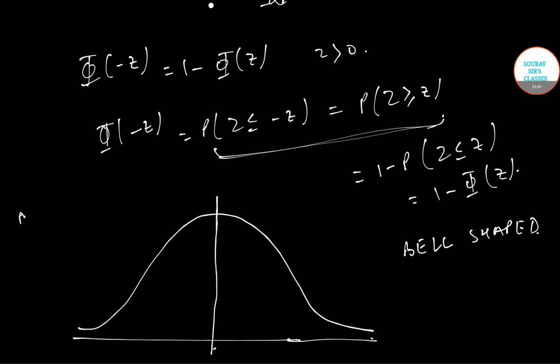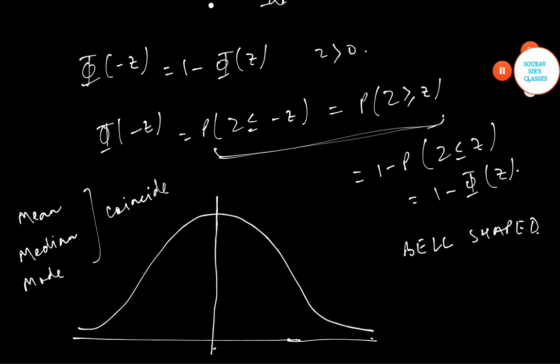The mean, median and mode, these all coincide. The x-axis, this is an asymptote to the curve.